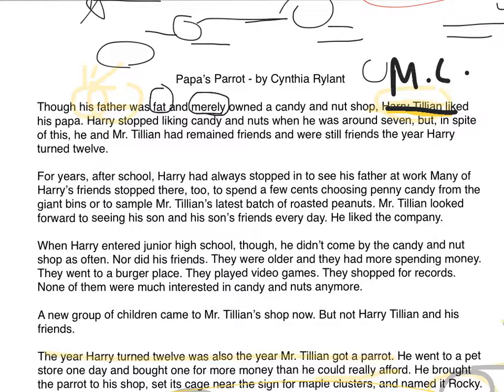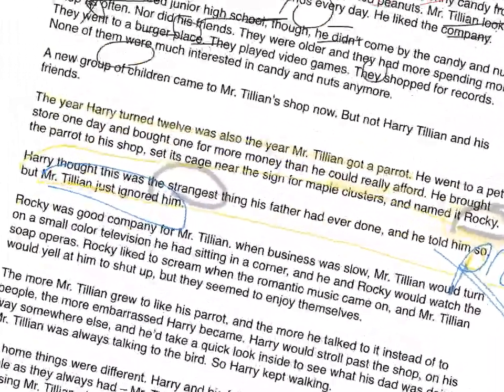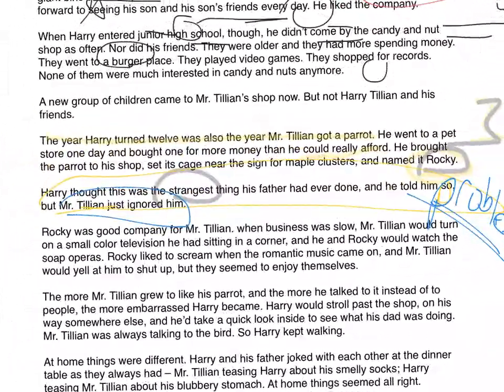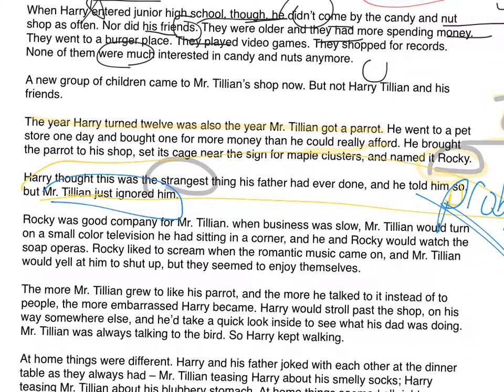Okay, so we have characters, we have setting, and we know something about the tone. There's a little bit of a criticism here, which leads us right to our problem or our conflict, which is that the 12-year-old Harry thinks his dad is being weird, talking to the parrot all the time. And that's called the exposition.